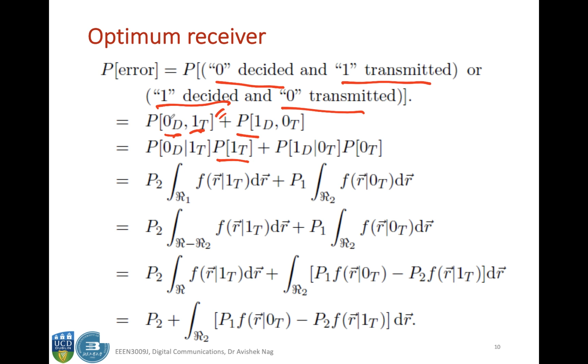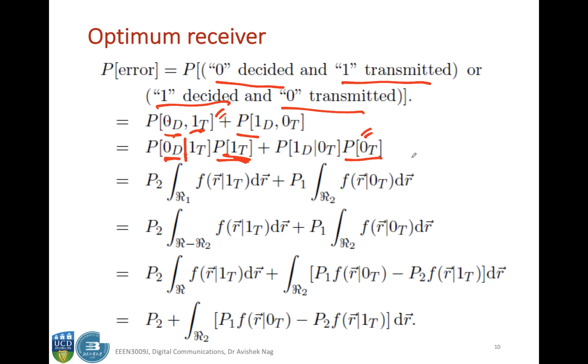This is probability of 0 decided given a 1 was transmitted times probability of 1 transmitted, plus probability of 1 decided given a 0 was transmitted times probability of 0 transmitted. Let's assume that probability of 0 transmitted and probability of 1 transmitted are known.